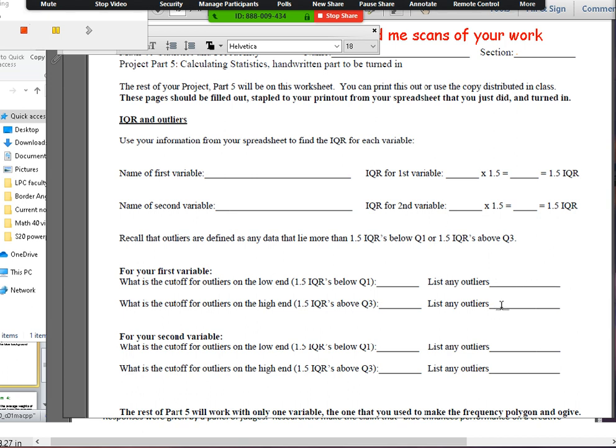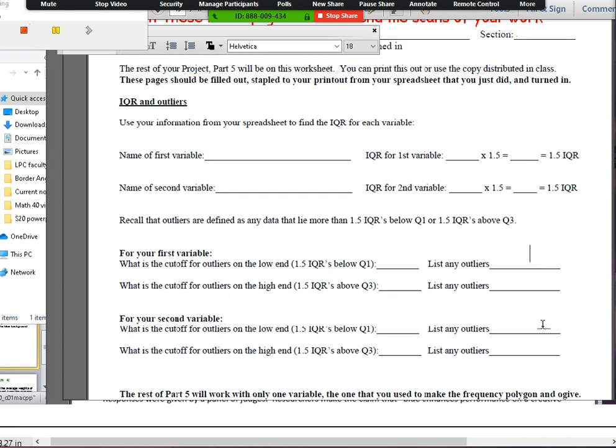So say you had an age of 71, someone was 71 years old, that's an outlier. It's because your cutoff is probably going to be like 40 or something like that. So you'd write in whatever your outliers are here, list them, anything you have. If you have more than like 6 outliers, then just list the first 6, that's fine.